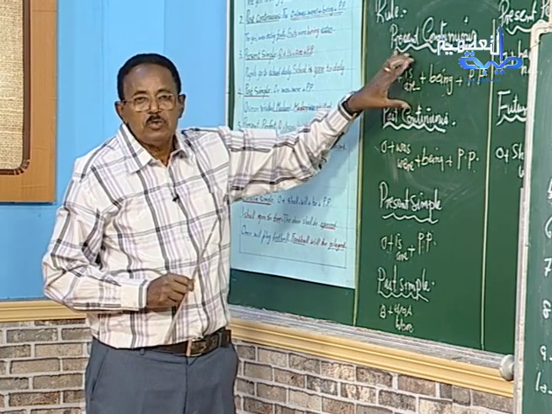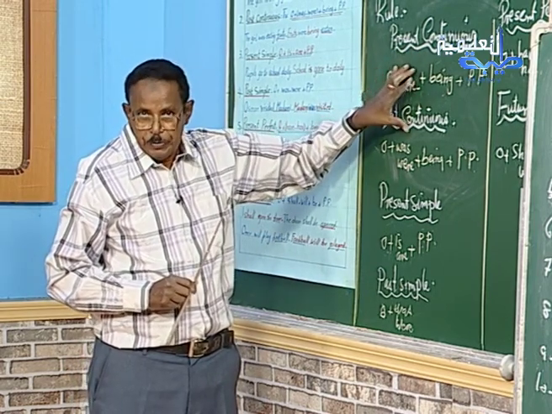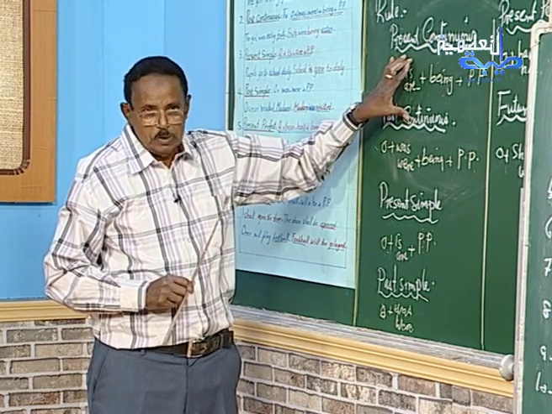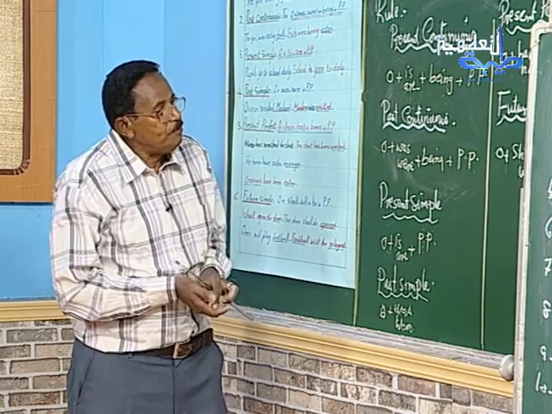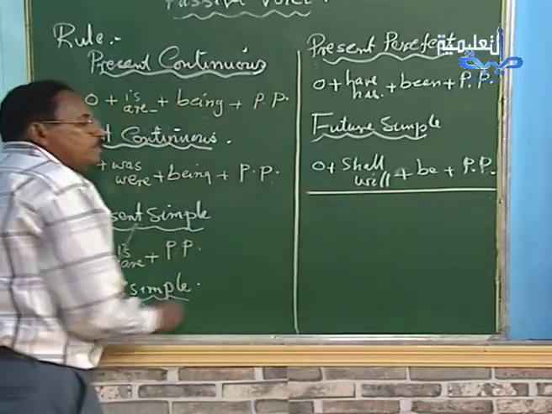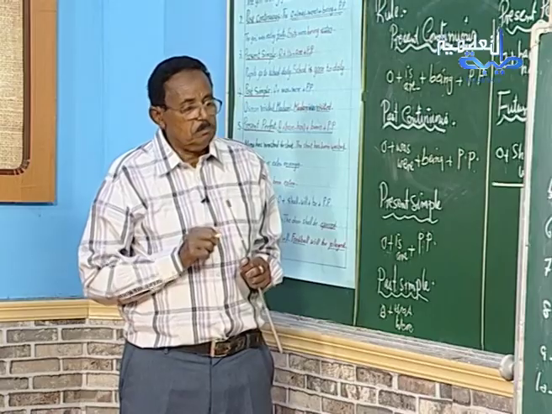When you keep these rules, you are going to know how to deal with the passive voice. In the passive voice, the thing that you should always notice is that there is no subject.